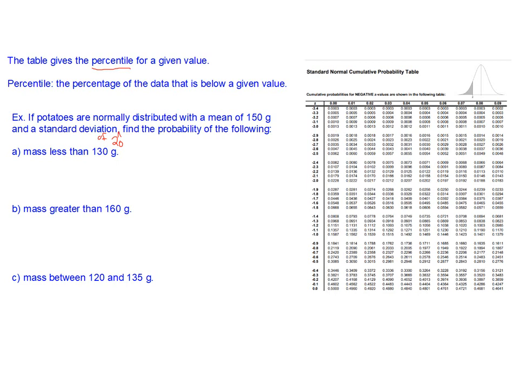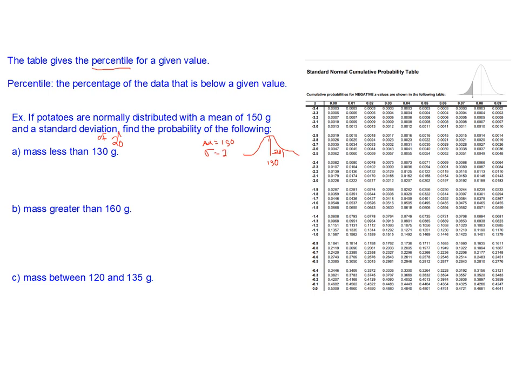We can draw a little picture that might help give us some indication of what we're doing. We know it's a normal distribution. We know that the mean is 150. And we know that the standard deviation is 20. We could write this as mu equals 150, so the mean is 150, and the standard deviation sigma is equal to 20.